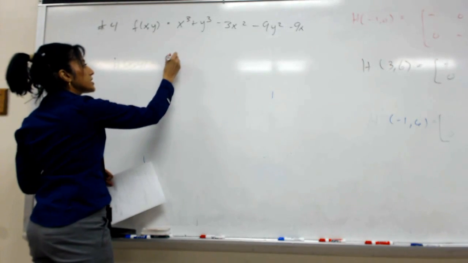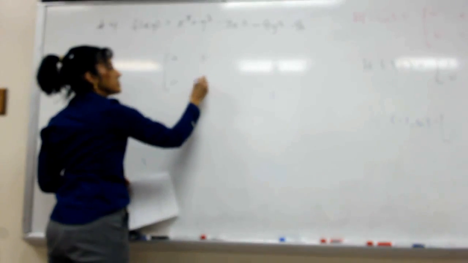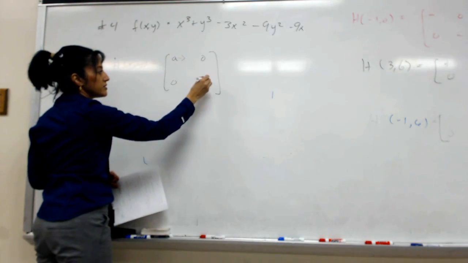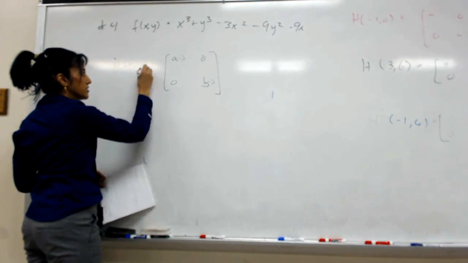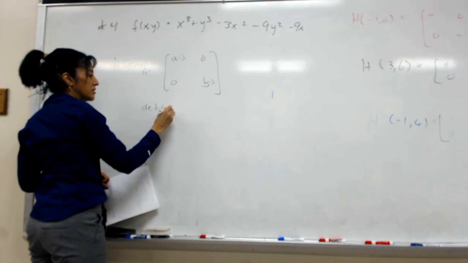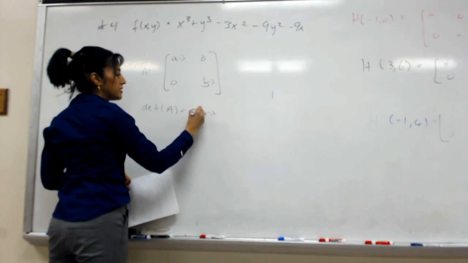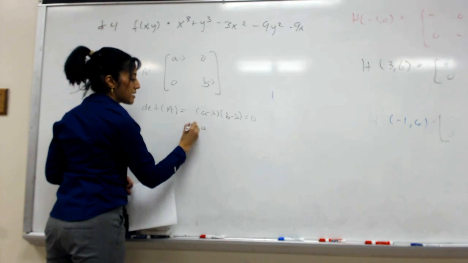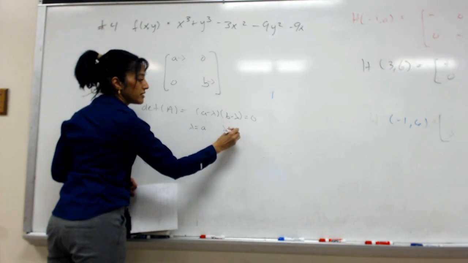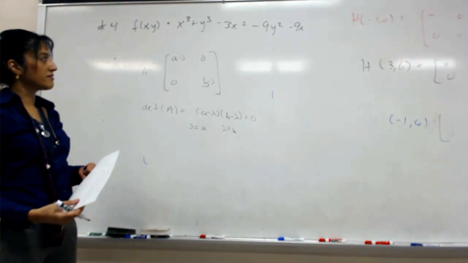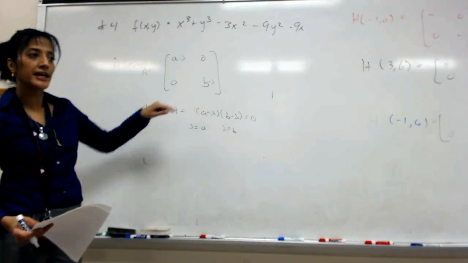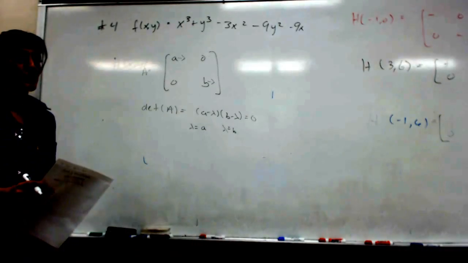If you have what's called a diagonal matrix, like so, then when you subtract lambdas off the diagonal, you're going to get A minus lambda times B minus lambda equals 0, and you just get lambdas A, lambdas B. So I don't really need to do this work. I can just pluck these. These are the eigenvalues, the A and the B. So I don't need to do extra.